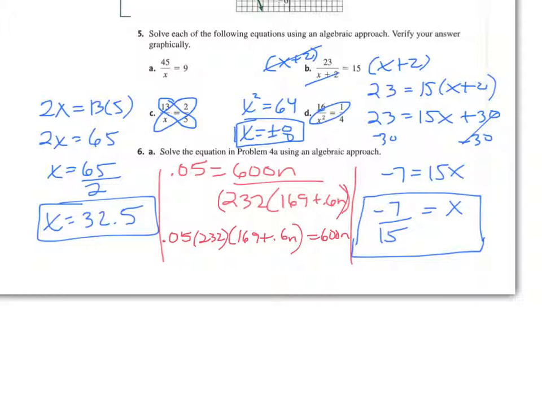After I do that, if I distribute, after a couple of steps I'll get this. This is multiplying out this, and then distributing it to the 169 and the 0.6. Then I have 6.96n. And I actually have a linear equation, so I'm going to bring over the n over there.